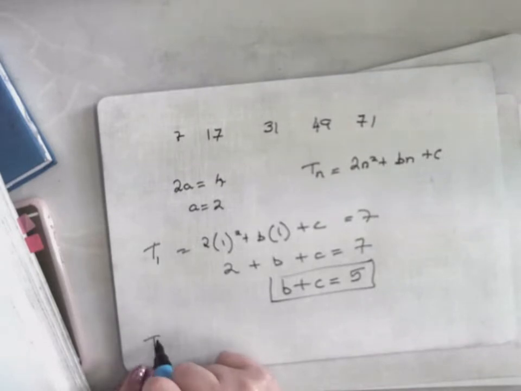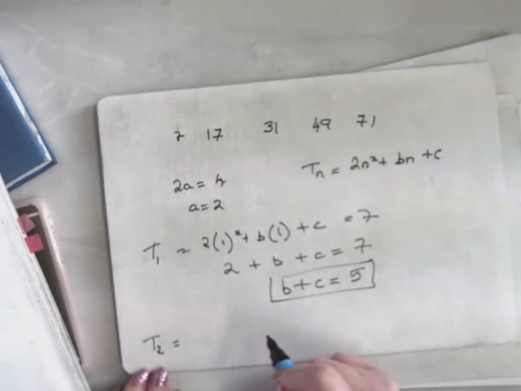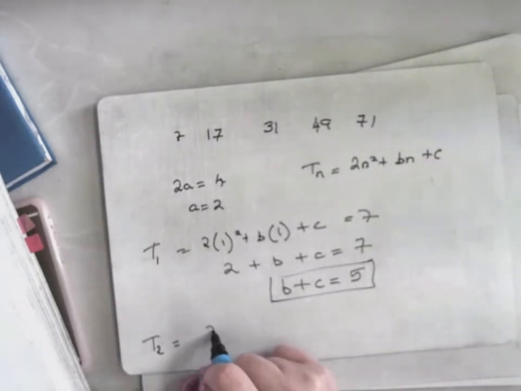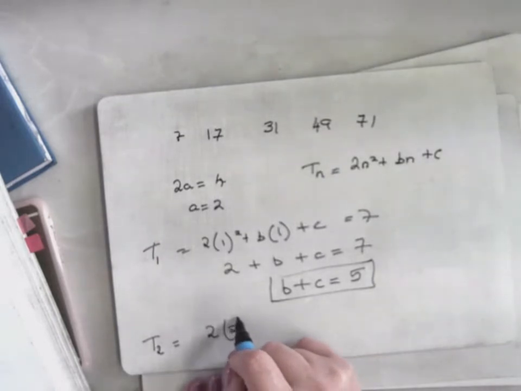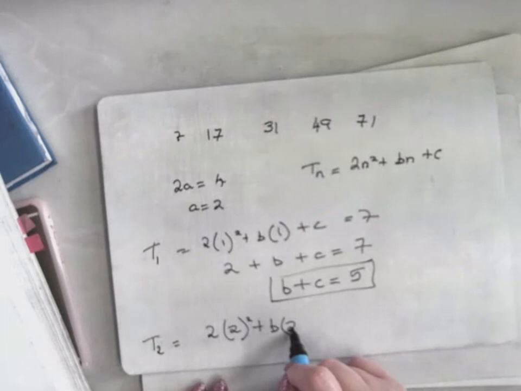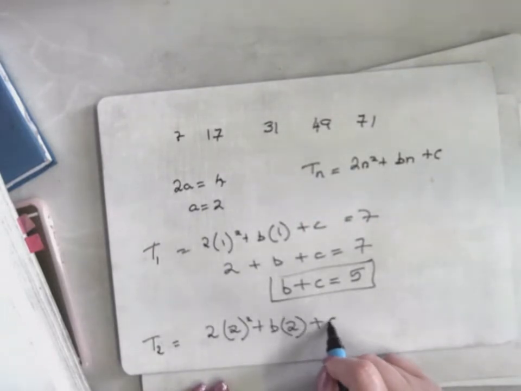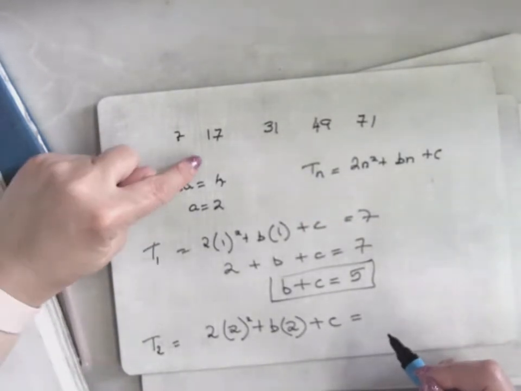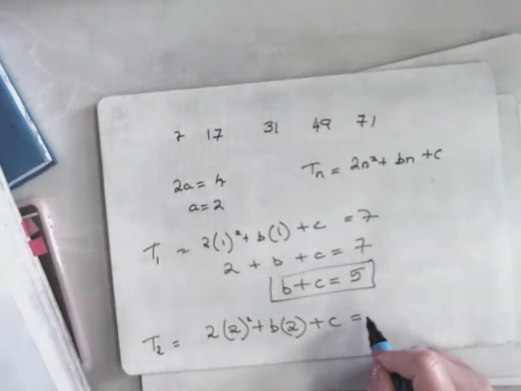Term number 2. So term number 2 means everywhere I see an n, put in a 2. So it's 2 times 2 squared plus b times 2 plus c, and this time I know the answer is going to be 17, because that's what term number 2 is.